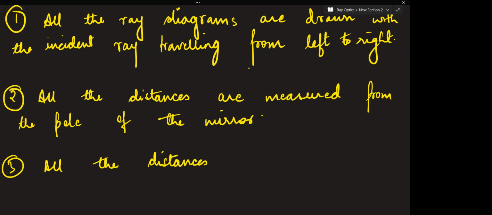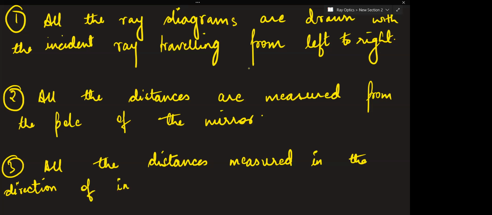Third point, all the distances measured in the direction of incident light are positive.